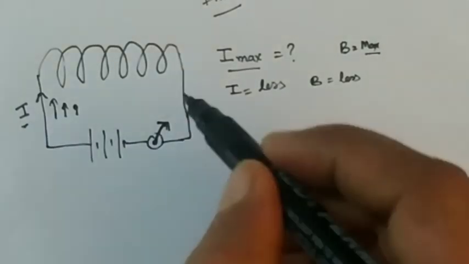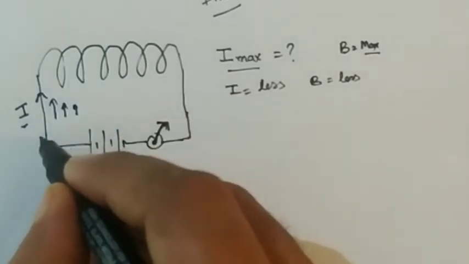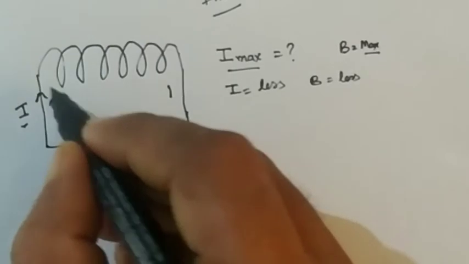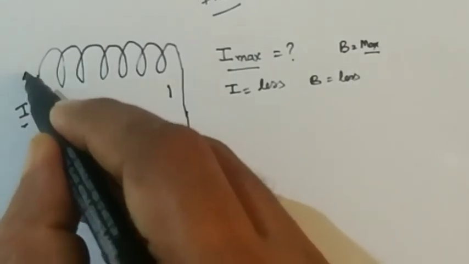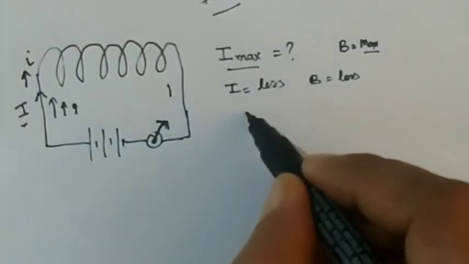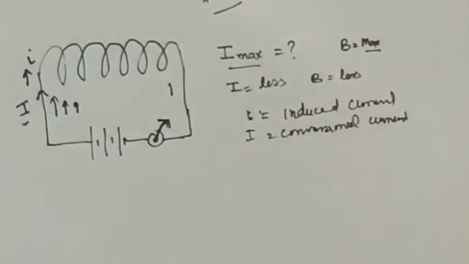The induced current is produced in the same direction, that is, along this direction. So then the induced current will be in the same direction to oppose this decrease. So here again small i is your induced current and capital I is your conventional current.